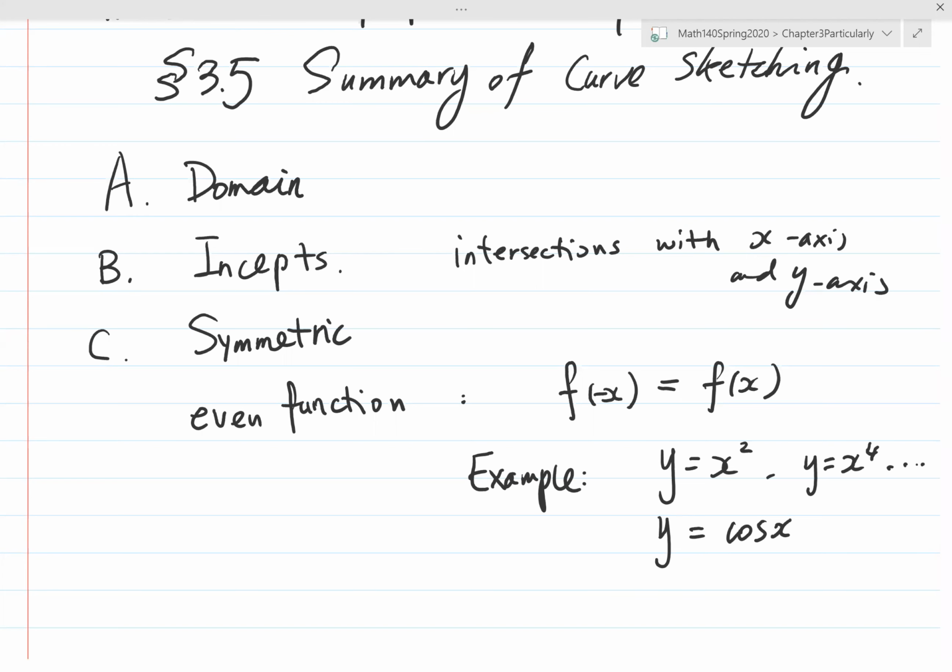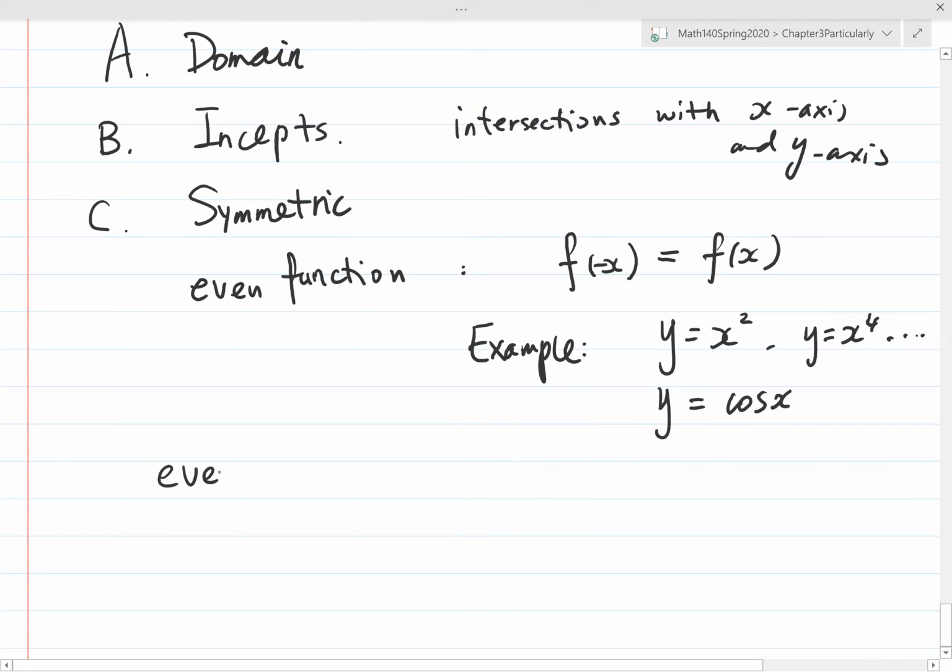Even functions are symmetric with respect to the y-axis.